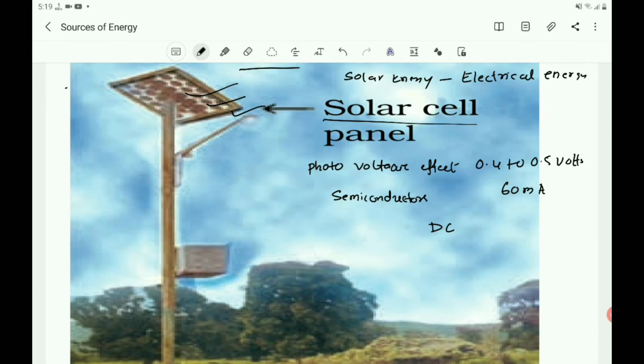Another advantage is that they can be set up in remote and inaccessible hamlets or very sparsely inhabited areas in which laying of a power transmission line may be expensive and not commercially viable. So, in those areas, solar cells are particularly suitable.